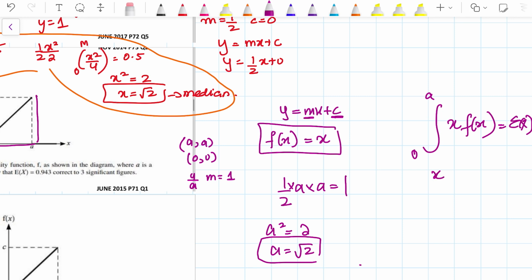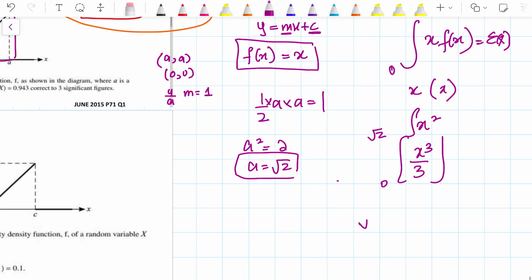Now what is f of x? It is x. So x squared, that's integrated, x cube upon 3. Put the limit under root 2 and 0. I'm not going to put 0 because it's pretty useless. Gives you 0.942 as my expectation. 0.943 after rounding off.